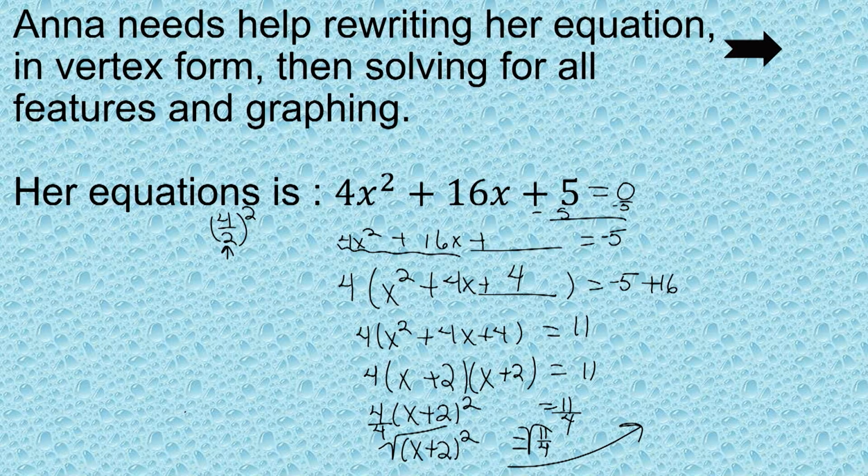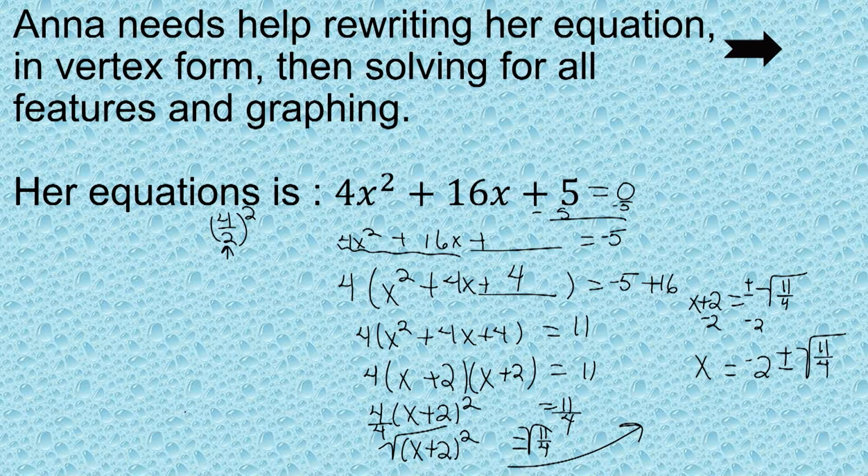So I have x plus 2 equals the square root of 11/4, and we know that as positive or negative, plus or minus. Still got to get that x by itself, so I'm going to subtract on both sides. So x equals negative 2 plus or minus the square root of 11/4.